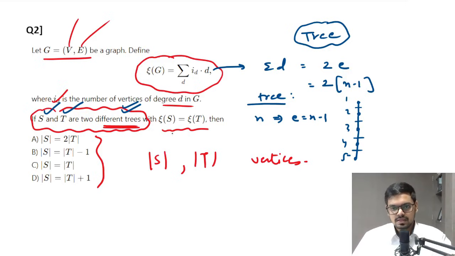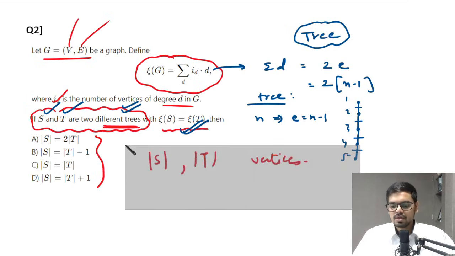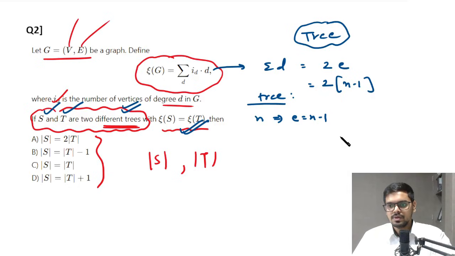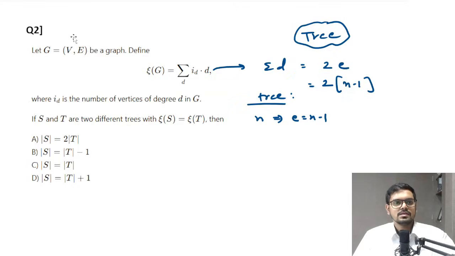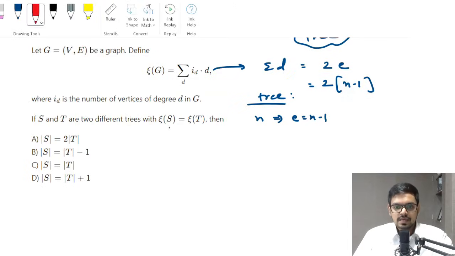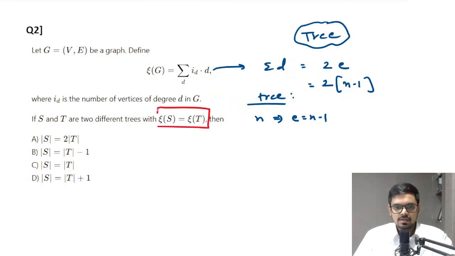Now they are giving this condition. If this is the condition, then what is the relation in the number of vertices? We can solve here. Let me remove this. Okay. See carefully.